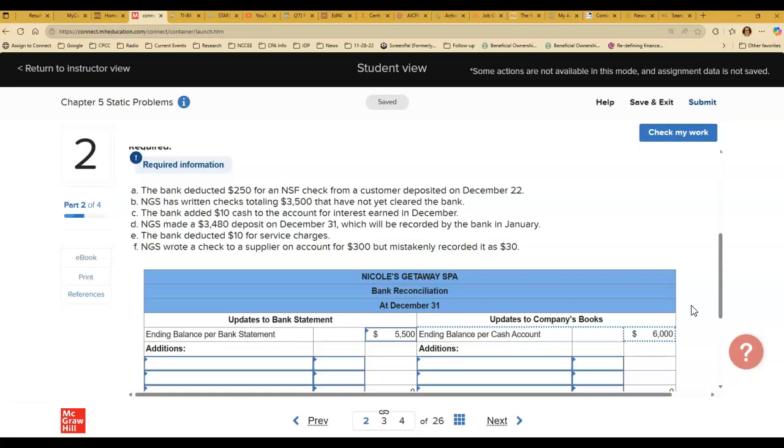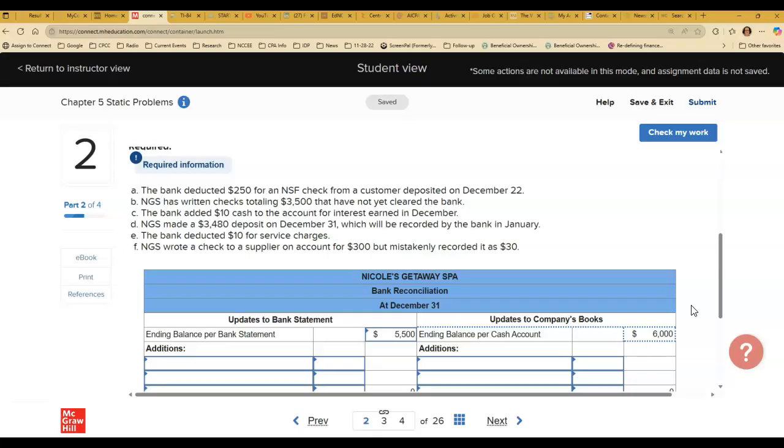So now understand, don't miss this. So if you have trouble with bank reconciliations, let's talk about a really good picture to get in your head here. So we start with what the bank says. We start with what the books say, okay? Now, at this point, the next step is just to compare what detail does the bank have versus what details does the company have.